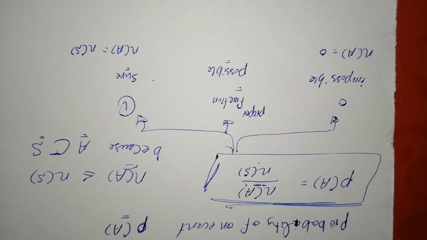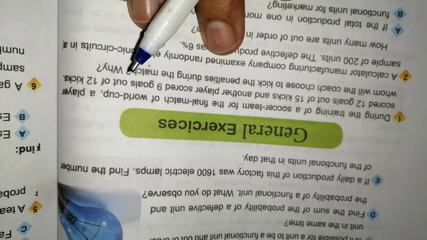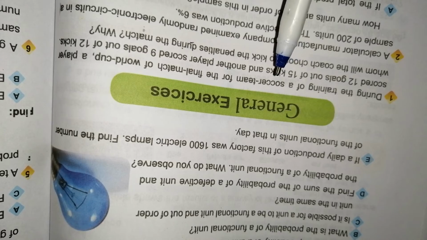And now let's move to our exercises, and let's open together page 50, and we will take the first exercise. It says, during the training of a soccer team for the final match of the World Cup, a player scored 12 goals out of 15 kicks, and another player scored 9 goals out of 12 kicks. Whom will the coach choose to kick the penalties during the final match, and why?